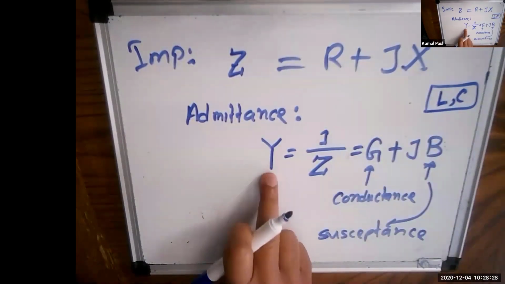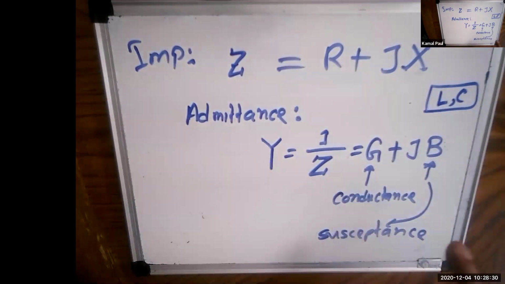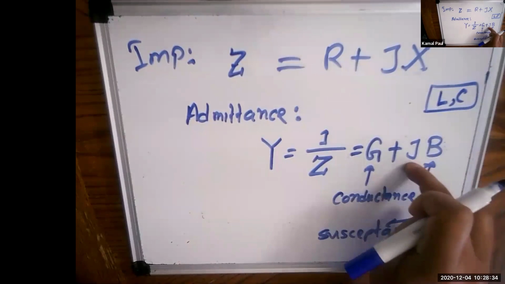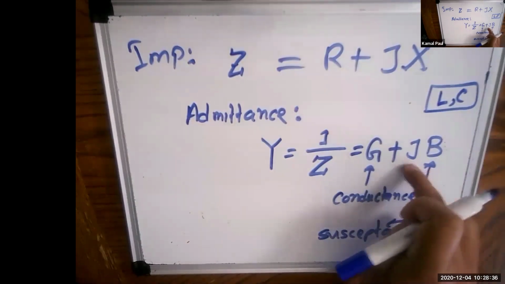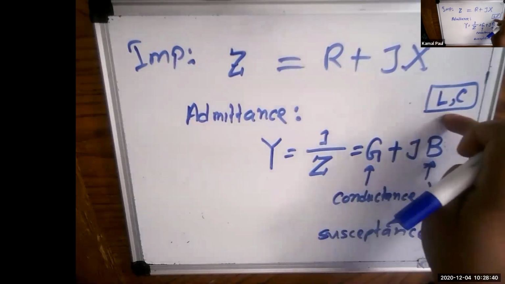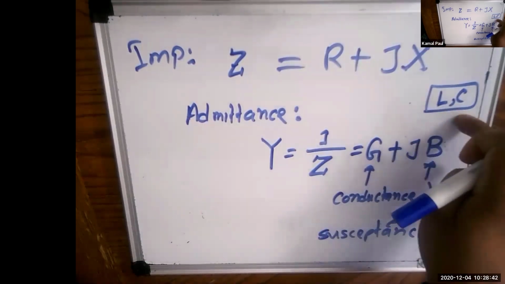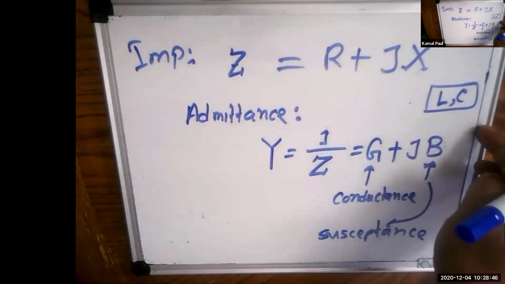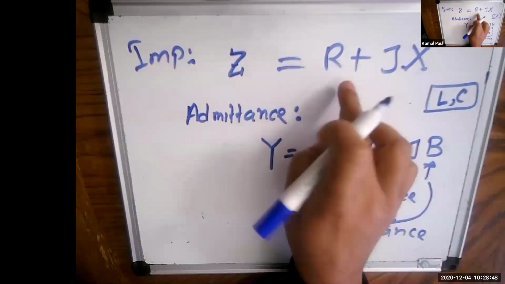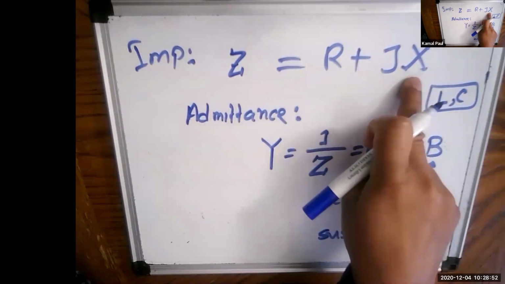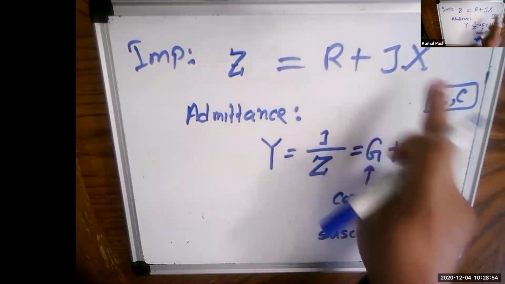Similarly, for admittance, if you see this B element, JB, then obviously you will know that the associated circuit is related to either an inductor or a capacitor, or maybe both, or maybe more than one of them. Anyway, this one we call resistance, and this one we call reactance.